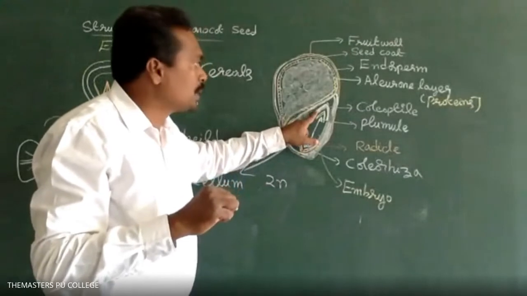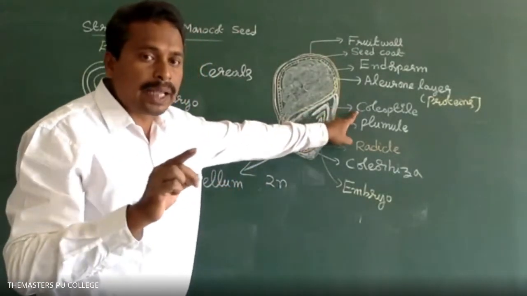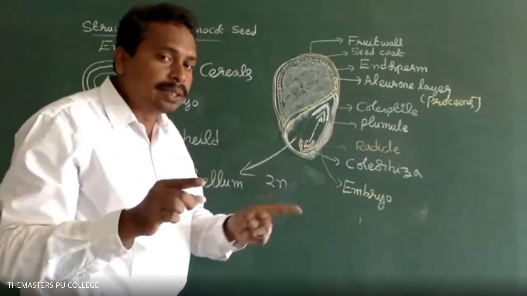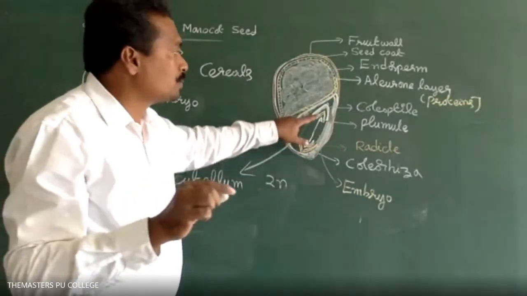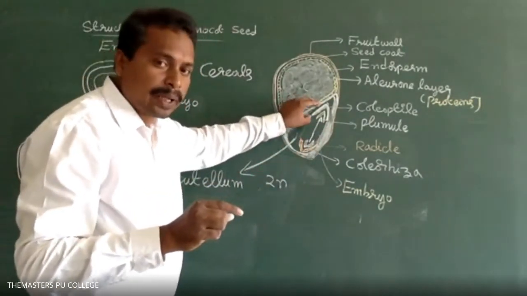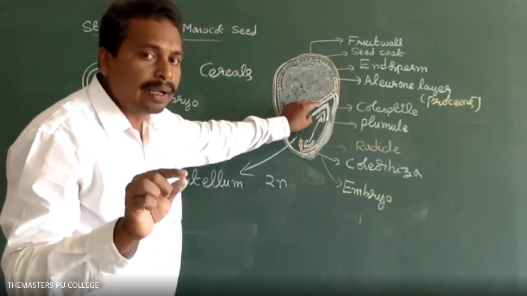Coleoptile is not there in dicot seeds. Coleoptile is the sheath-like structure present around the plumule, only in monocotyledonous seeds.